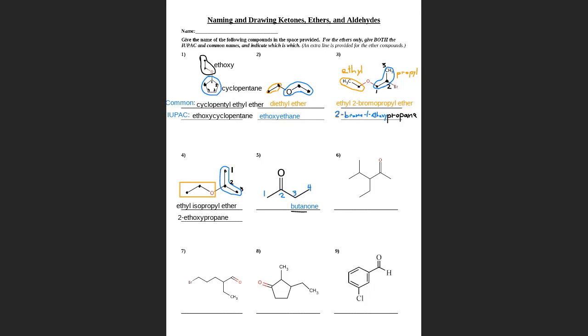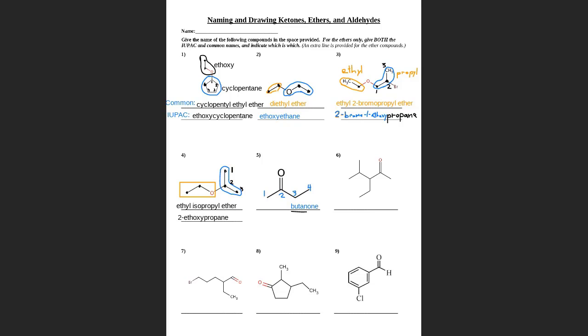Let's look at this one that's a little bit more complicated. Number 6. So, what's the longest carbon chain? How many carbons are in the longest carbon chain? 5, yep.